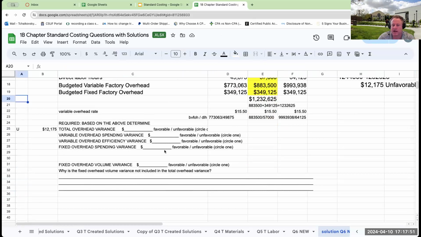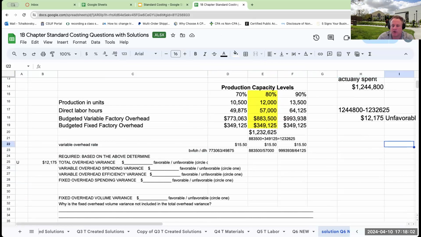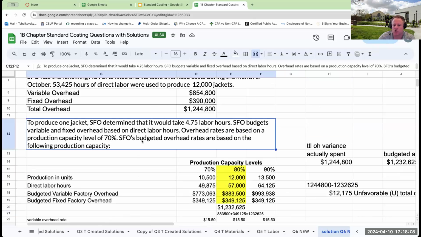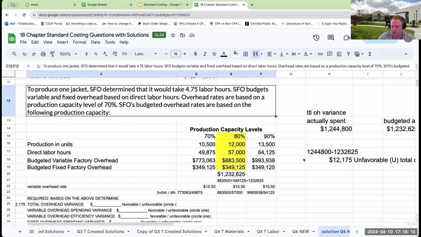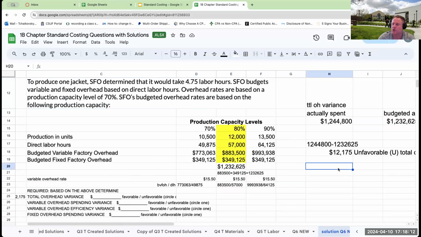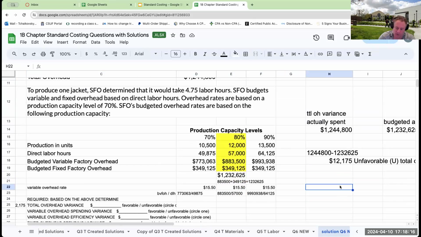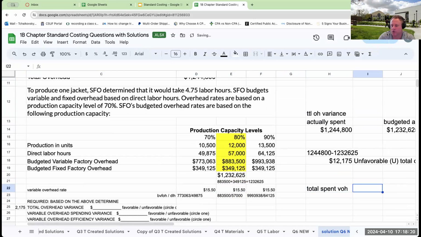The next question it's asking me for is, what is my variable overhead spending variance? And what is my variable overhead efficiency variance? Well, I know that my variable overhead rates are based on direct labor hours. So I'm going to say, how much did I actually spend on my variable overhead?